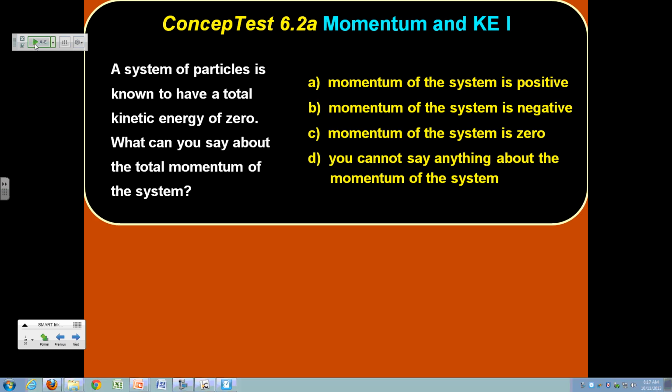A system of particles is known to have a total kinetic energy of 0. What can you say about the momentum?